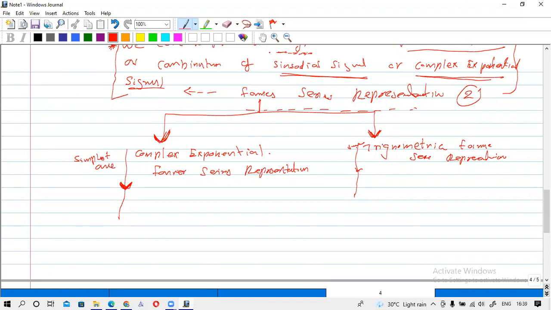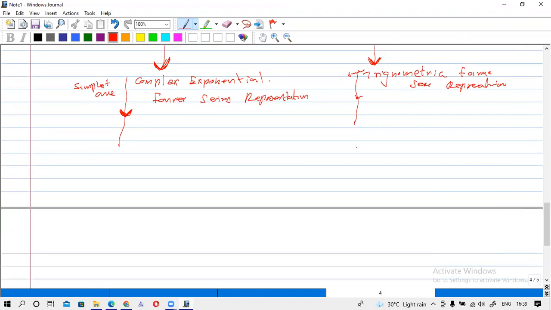So what have we talked about up to here? We see that Fourier analysis is a very powerful tool. Under Fourier analysis, we are going to deal with periodic signals, which we call the Fourier series representation.